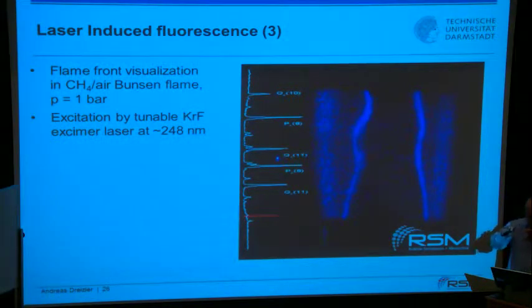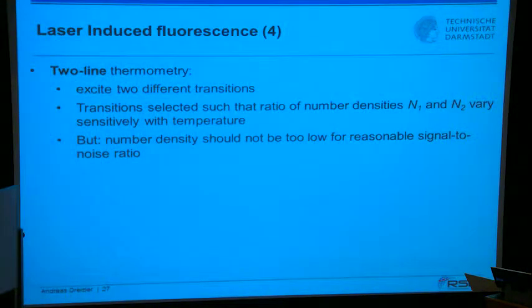Then you get 2 images quasi-simultaneously, from which you then, by 2-line thermometry, building the ratio, get an estimation of the temperature. So this is not a simple and not a cheap experiment, but in principle doable.